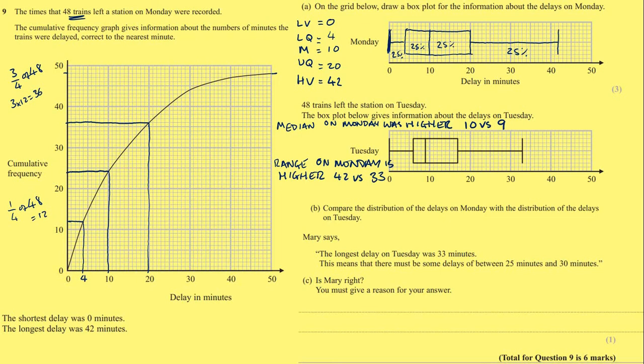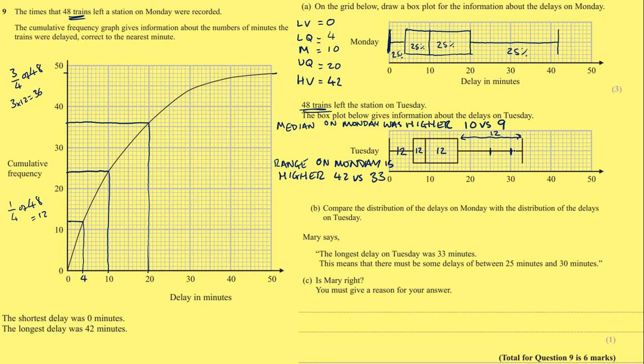She's right. She said this means that there must be some delays between 25 minutes and 30 minutes. Now 25 minutes is there and 30 minutes is there. Now if there were 48 trains on the Tuesday, that means there would be 12 in there, 12 in there, 12 in there and 12 in this region here. And what Mary is saying is that because there's one up here, there must be some in there. Well, that's not necessarily right.